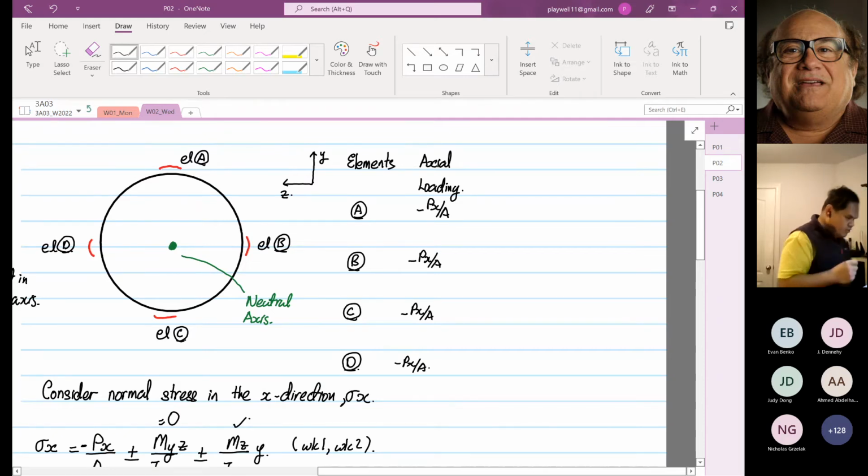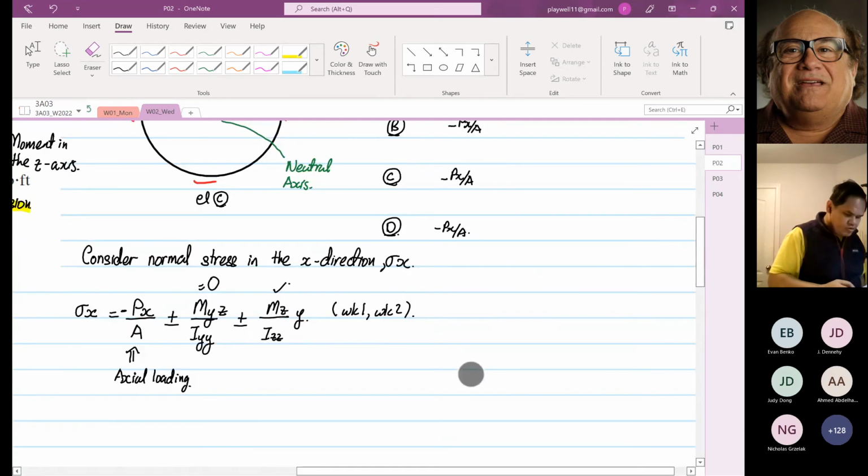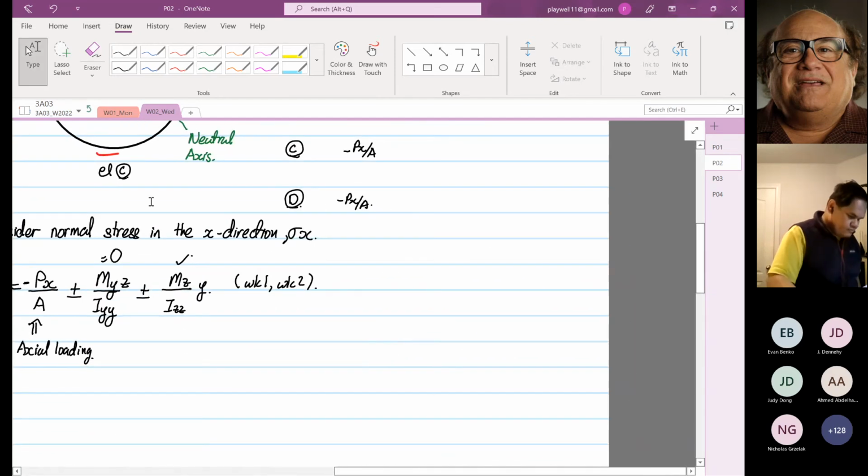Now the next one we look at is your bending moment. We know our bending stress is Mz over Izz multiplied by y. So now I'm going to draw the same shaft again.